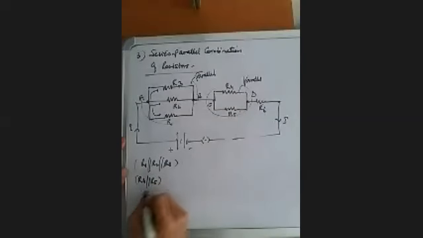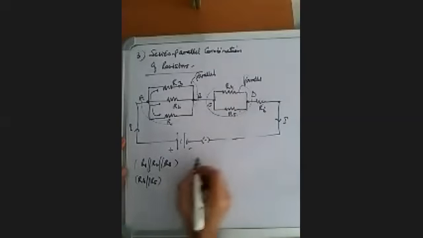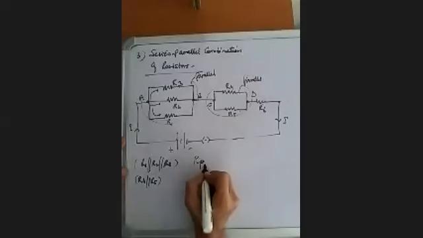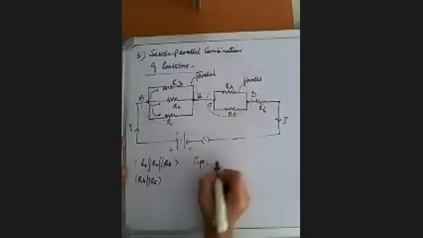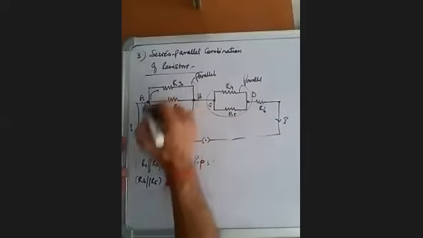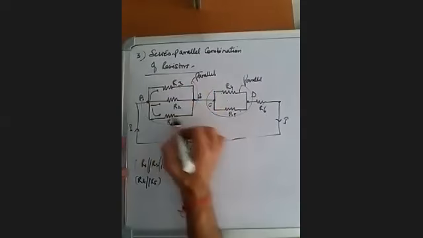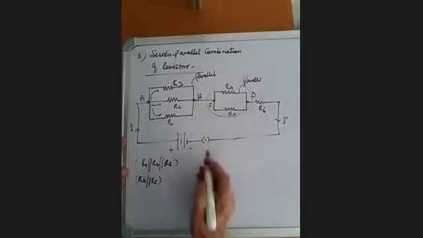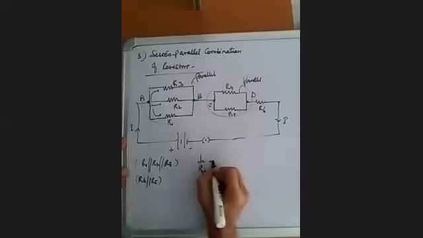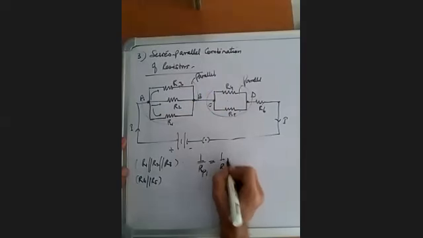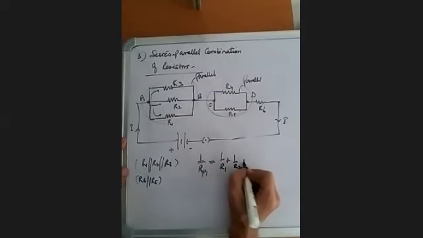Now let us find out the equivalent resistance. Let us say RP1 is the equivalent resistance of these resistors connected in parallel. So how to find RP1? 1 upon RP1 will be given by 1 upon R1 plus 1 upon R2 plus 1 upon R3.